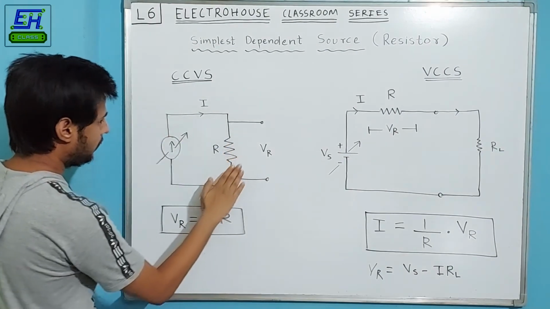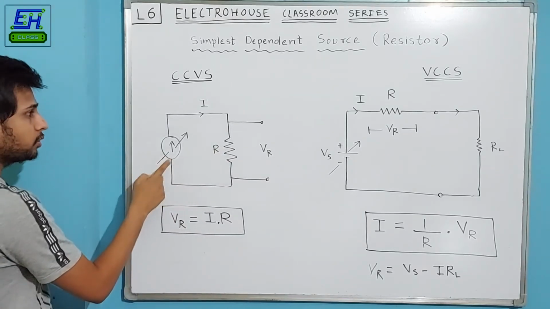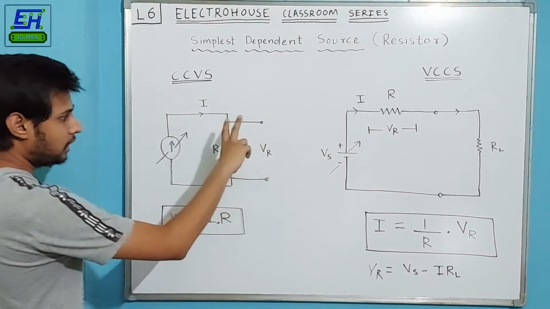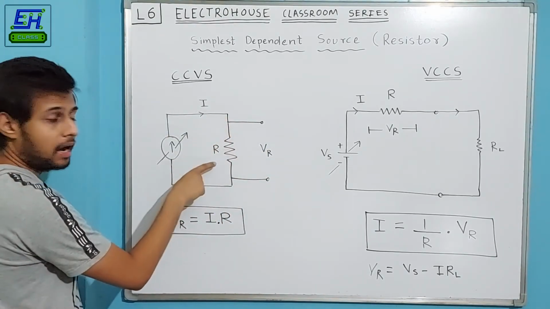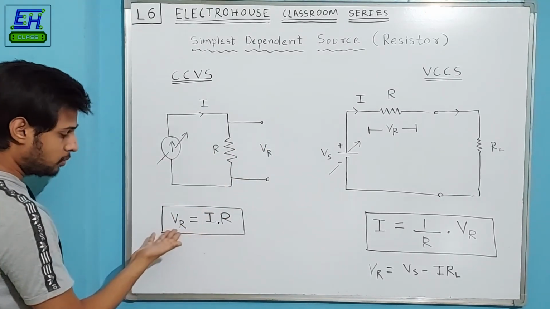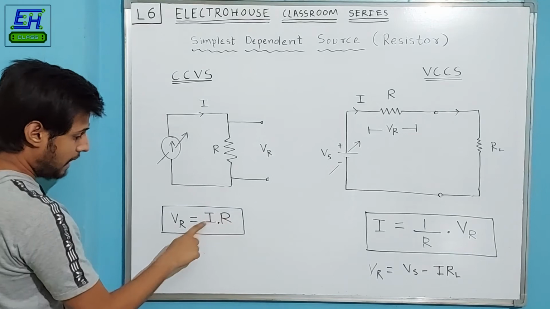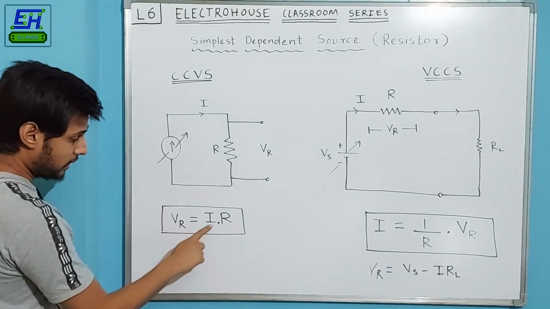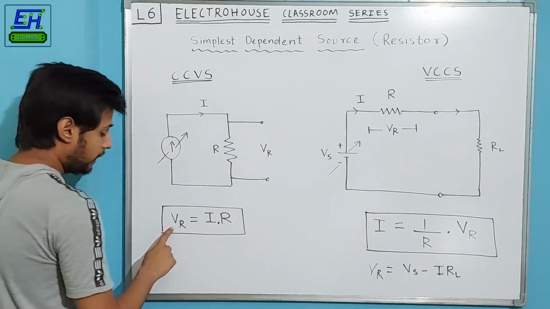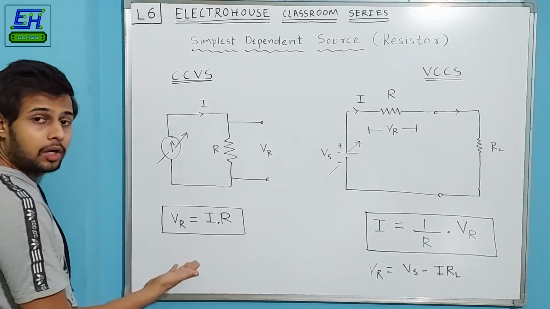Here is our assembly of a current controlled voltage source using our resistor R. Here you can see a variable current source, using which we can change the amount of current flowing through the resistor R. VR is the potential difference between the terminals of the resistor R, or the voltage drop across R. So using the basic Ohm's law, VR equals I into R, where R is the resistance, which is constant, and I is the variable quantity which we are going to change, and this is also the input quantity. So ultimately we are controlling our output voltage VR with respect to our input current I. So this is a current controlled voltage source.